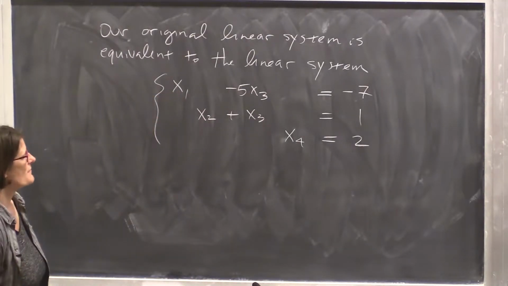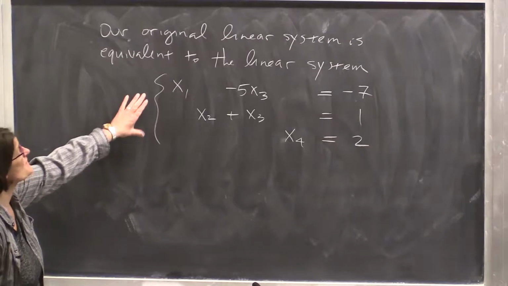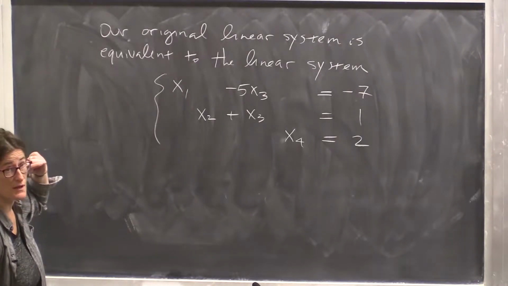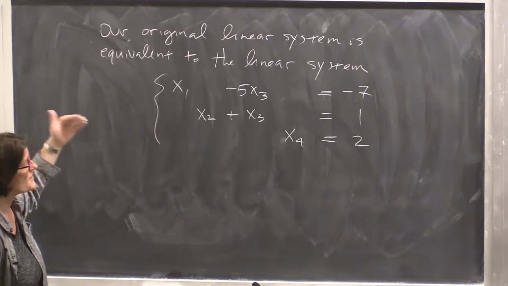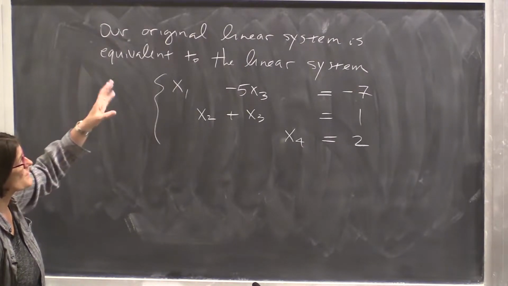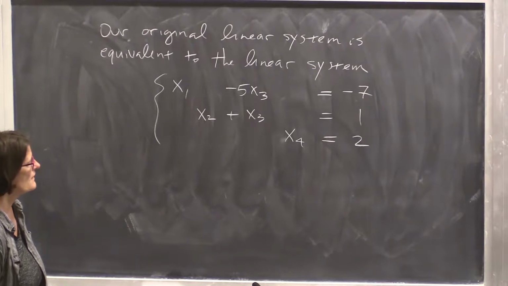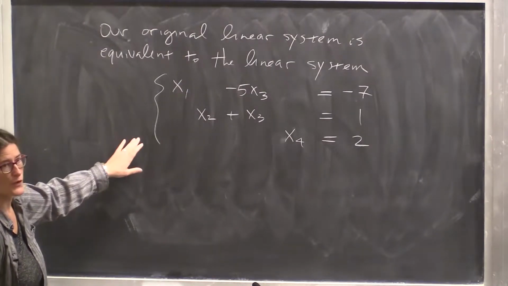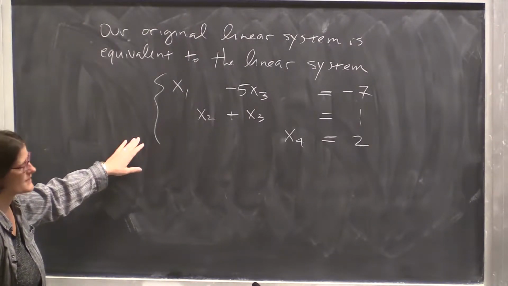So at this point in the game, all of the solutions of this are precisely the solutions of the original thing, because we did elementary equation operations, which were, in shorthand, elementary row operations. Do you know for sure what x4 equals? Yes.